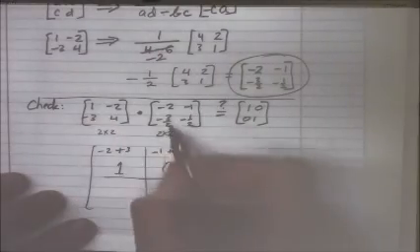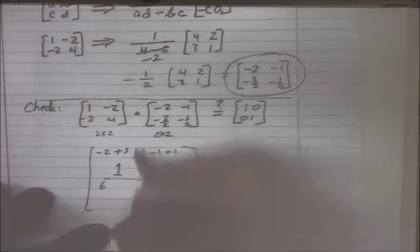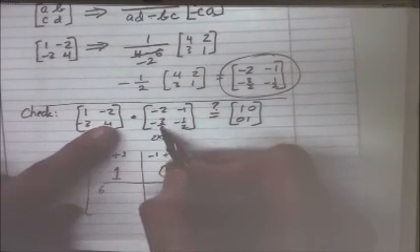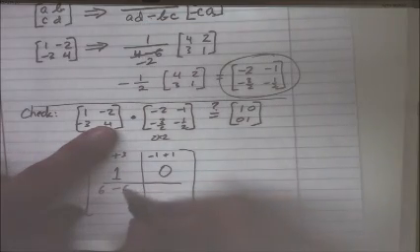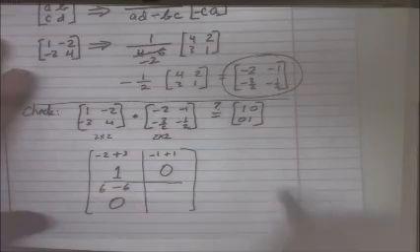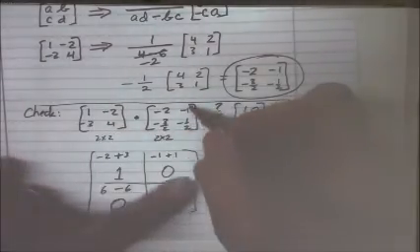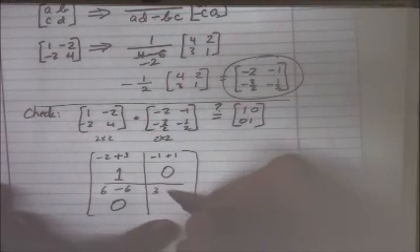Now this one times this one, negative 3 times negative 2 is 6. And then we're going to do 4 times negative 3 over 2. 2 goes into 4 twice. 2 times 3 is 6, but it's minus 6. 6 minus 6 is 0. And then we're going to do the negative 3, 4 for here, and then this column. So negative 3 times negative 1 is 3.